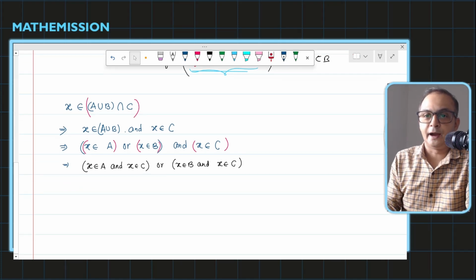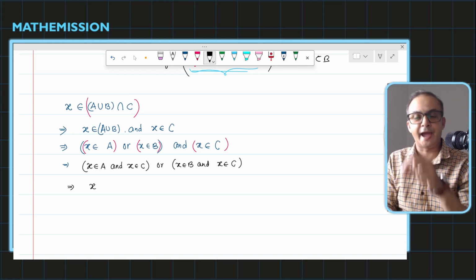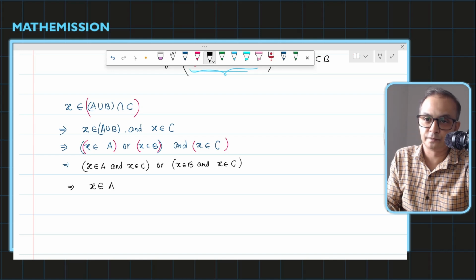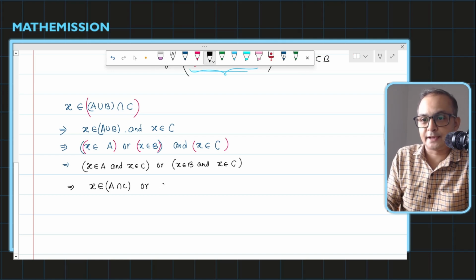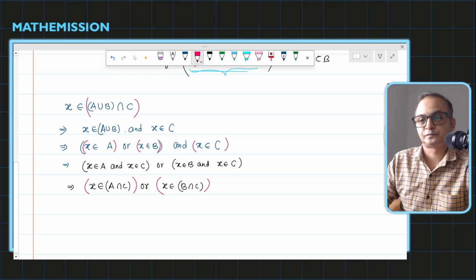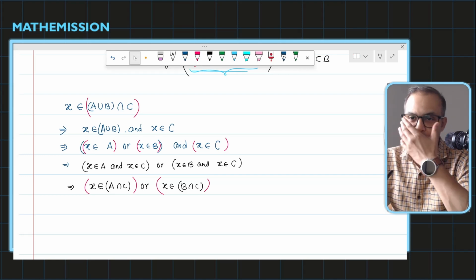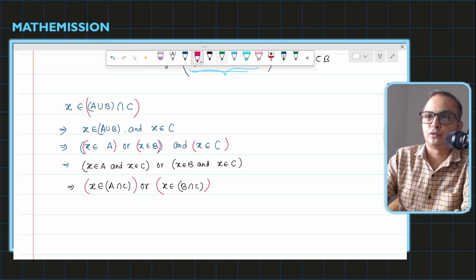And so now I am safely going to write this thing, that when x belongs to A and x belongs to C, I can write x belongs to A intersection C. And this or will remain there. And similarly this I can write x belongs to B intersection C. Alright, now in order to prove that this whole statement is going towards A union B intersection C, I have to focus upon this particular thing.